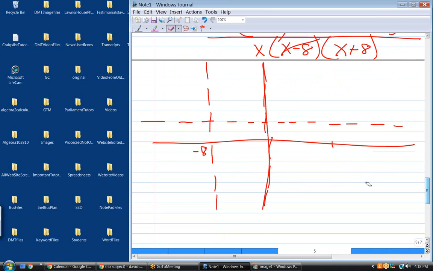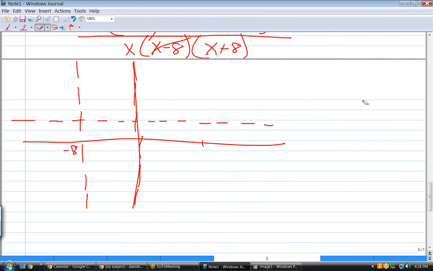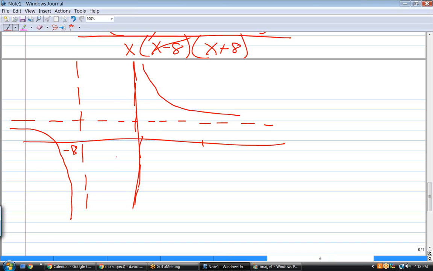In other words, most likely, I'm just going to guess for now, just to give you an idea, it's going to look something like this. And then it does something in between these two vertical asymptotes. And I have to figure out whether that in between is like that, or in other cases it will go up and it will turn around like that.